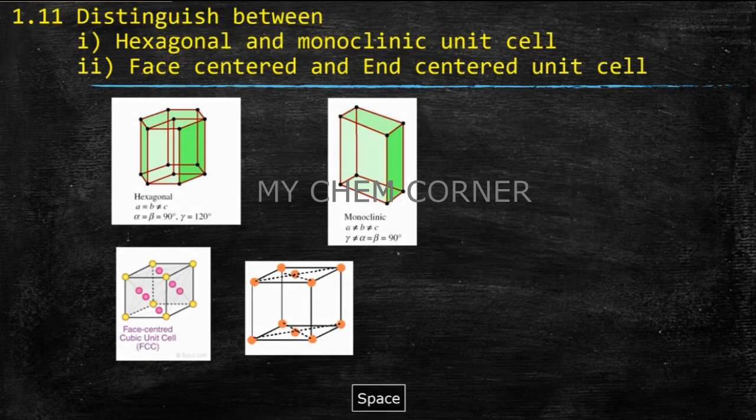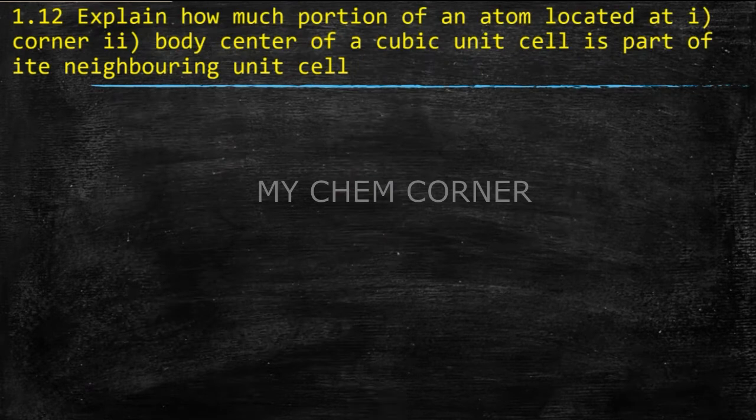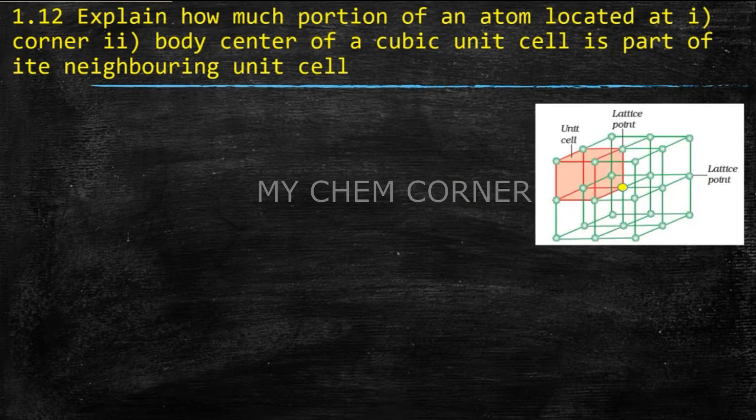Alright. Now, the next one is 1.2. Here it says explain how much portion of an atom located at the corner or body center of a cubic unit cell is a part of its neighboring unit cell. So here, when you look at it, firstly you need to understand which particular atom I am going to talk about. For this particular one, the one that's marked in pink color is one unit cell.